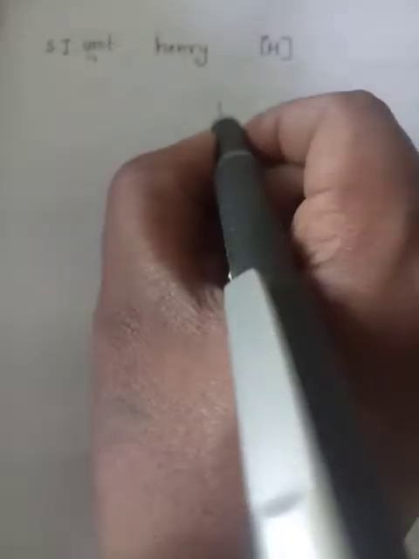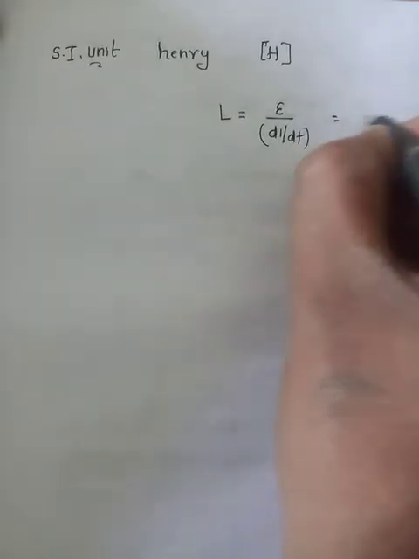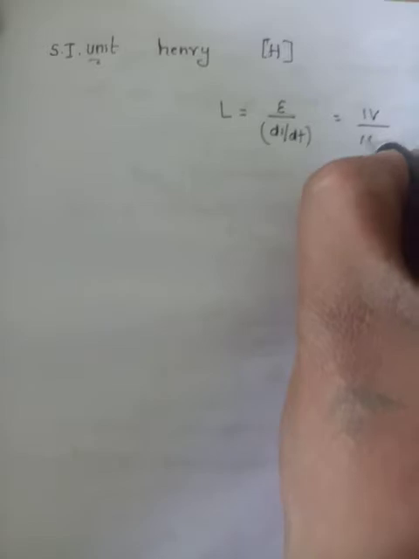Now, how to define 1 H? Simple. L is equal to E by di by dt, which means this is 1 volt and this is 1 ampere per second.